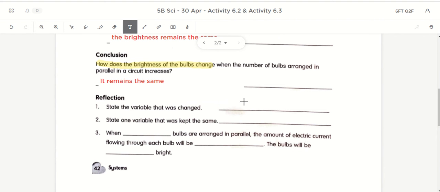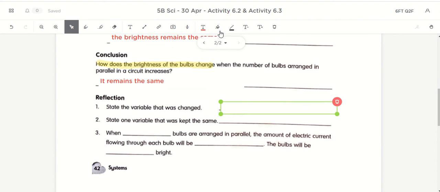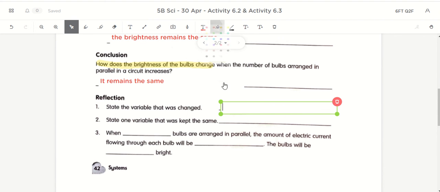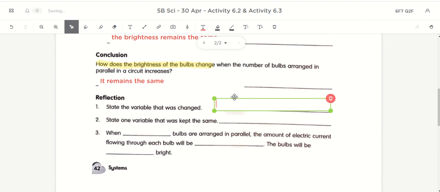What variable is changed? Same thing, don't just tell me the number of bulbs, tell me how they are connected. They are connected in parallel. So over here, what was changed? The number of bulbs connected in parallel.